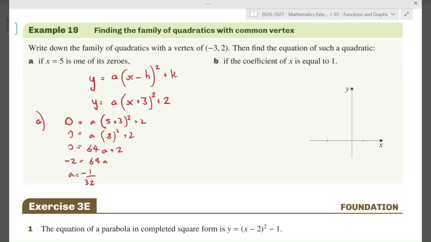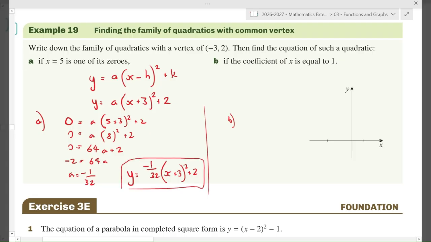So we got y equals minus 1 on 32 outside of x plus 3 squared plus 2. Why do we sub it back in? Because it asked us to find the equation of the quadratic. So that is the equation of the quadratic of that family that has one of its roots as 5.